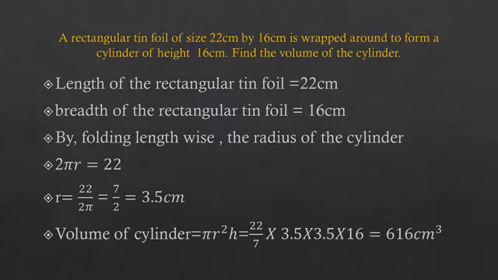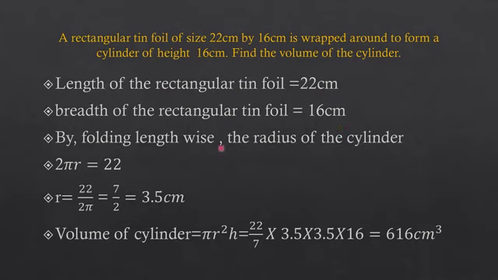Let us see the first numerical from this chapter. A rectangular tin foil of size 22 cm by 16 cm is wrapped around to form a cylinder of height 16 cm. Find the volume of the cylinder. Now the length of the rectangular tin foil is given, it's 22 cm, breadth is given 16 cm.